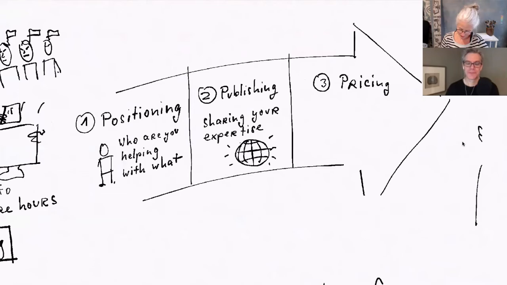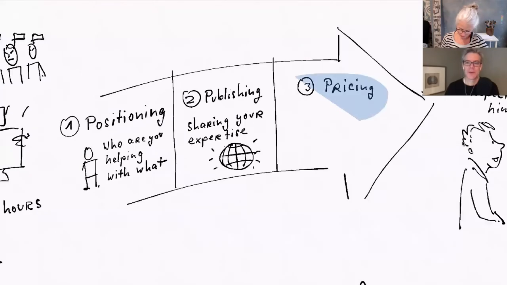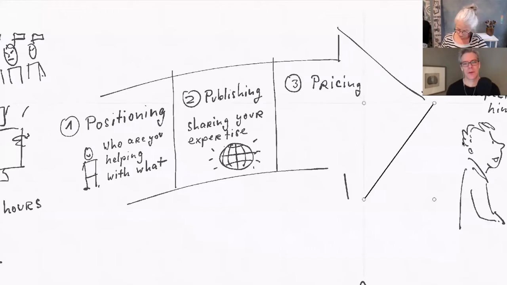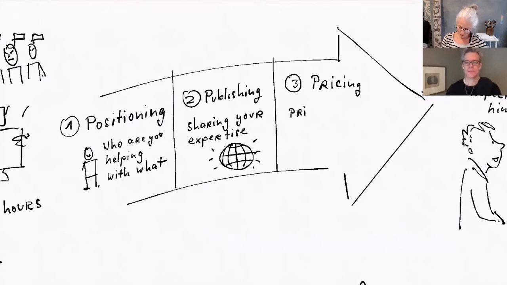And pricing? Pricing is, I'm trying to think of a way to say it without using the word pricing again. But it's basically pricing your work instead of billing for your time. Or pricing products and services instead of billing for your time.